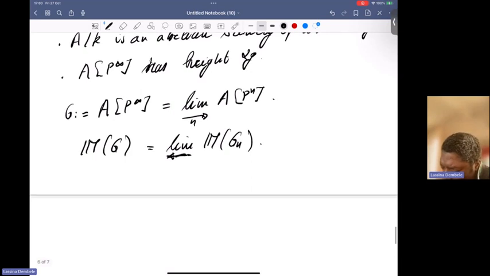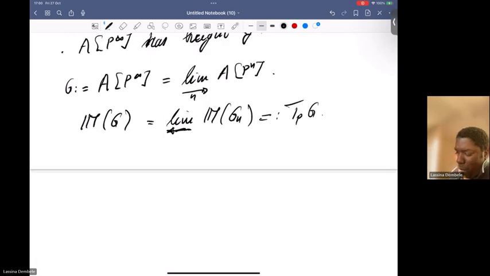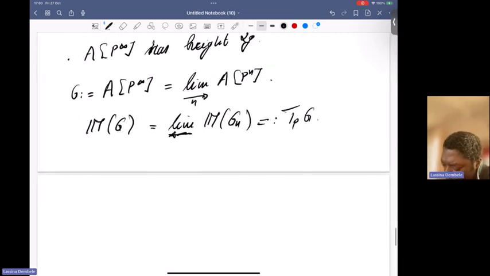From now on, we are going to call this T_p(G), the same as our Tate module of G. As the last remark, if you remember the functoriality statement, the length of the module is the rank of the group, or the height of the group, and so clearly the size of this module is the same as that of the Tate module we saw in the previous session, and so you have this identity.